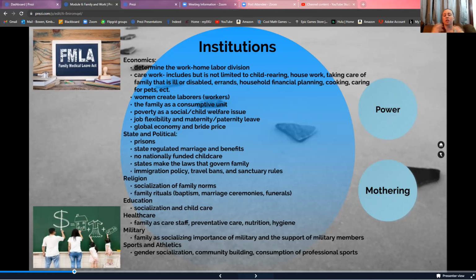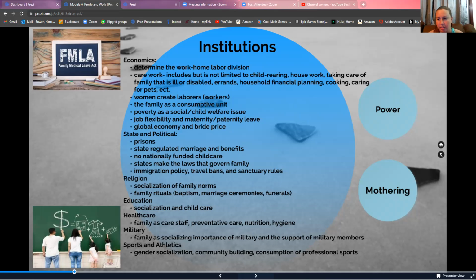But this can include a lot of things, and I've listed some of these in here. Usually the main breadwinner is considered, under those social gender constructions, to be the male head of household.